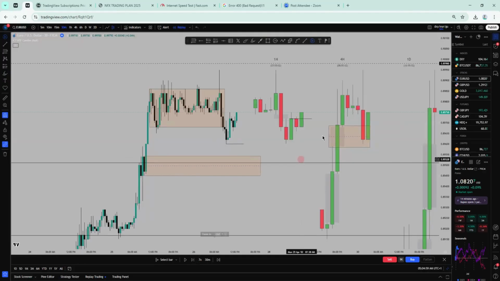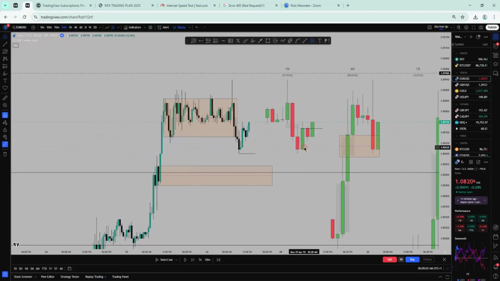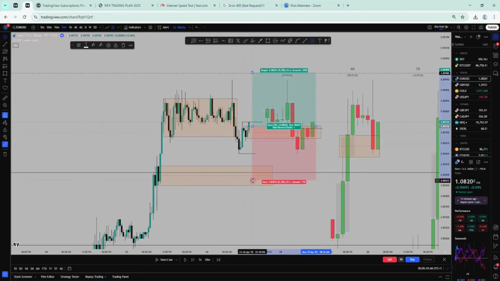I think if this is the close of the 1 hour time frame, then this is a good area. Maybe we can now use this other block as a buy setup for us. So if price retests this 1 hour order block, we can be on a buy from there.